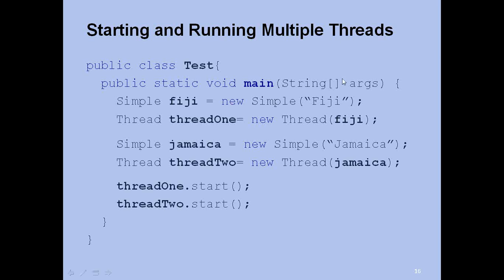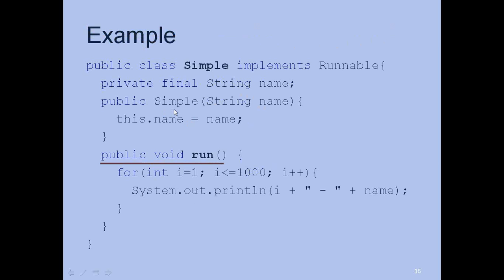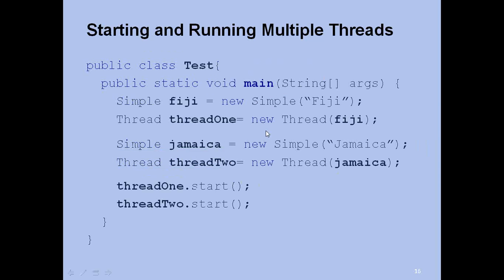To reiterate, I'm showing you how to start and run multiple threads. So you have a main method and you have a simple class. This simple class implements the runnable interface, and you have a run method here that prints the value of i and the name. You are passing the name to the constructor of the simple class, and since it implements runnable, you have to get the thread object.